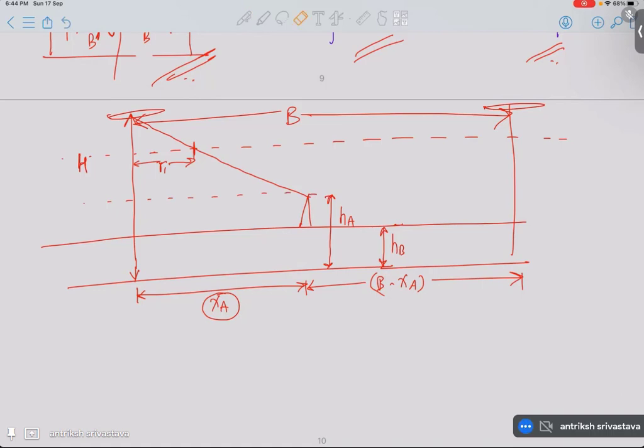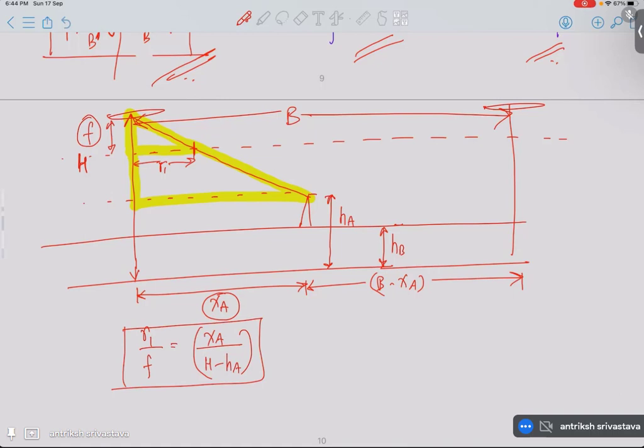If I was to write this relief r1 using the similarity in this triangle and in this triangle, I will get r1 by f, where f is the focal length, equal to xa by h minus ha.